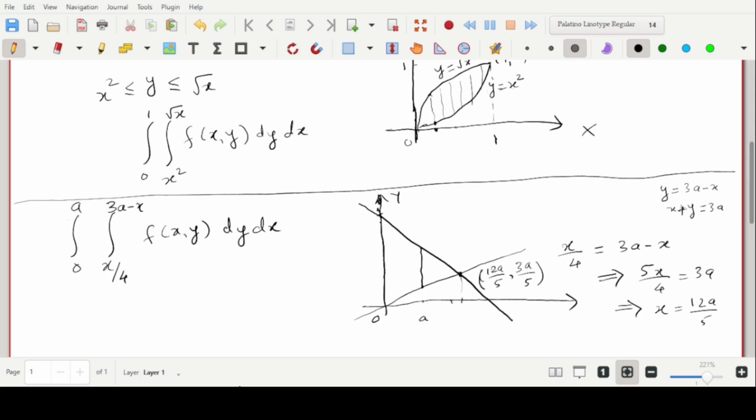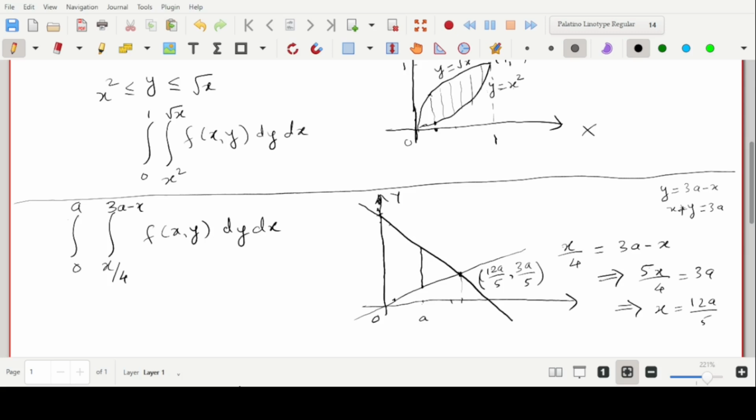Now for every x that lies between 0 and a, y varies from x over 4, that is this line, which is the lower limit for y, to 3a minus x, which is this upper line, the upper bound on y.